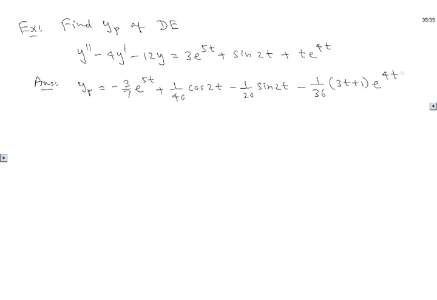Okay, that's what you get. So what do you do? You equate coefficients of linearly independent terms. That's how you get it.